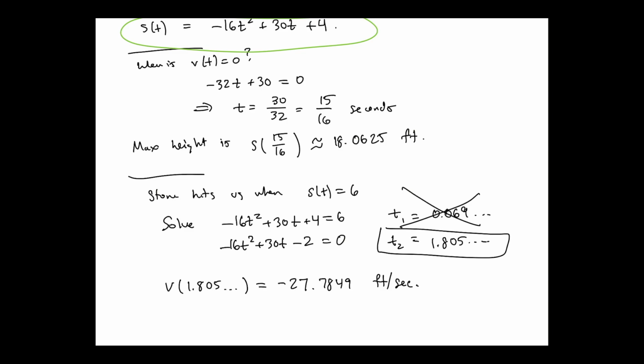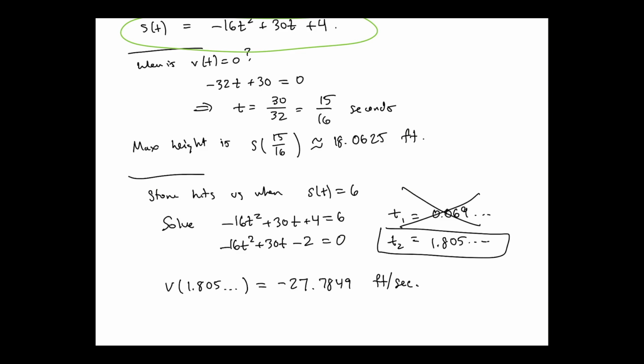I don't have to plug it in to know. I would get just the positive version of this because it's at 6 feet, but going up rather than coming down. And what's the difference between up and down in terms of our velocities for a single direction thing, plus versus minus? Does that make sense? So physics is fun, yo.